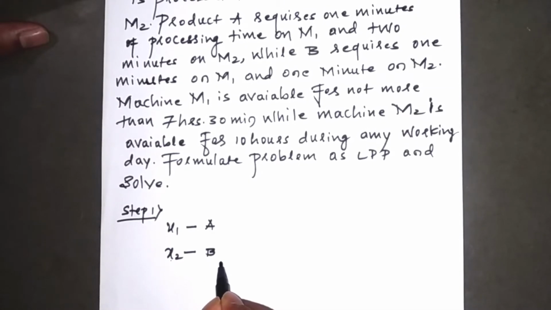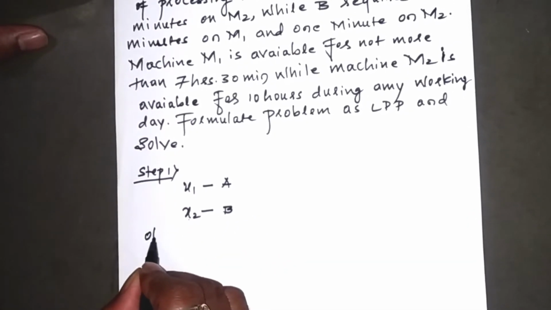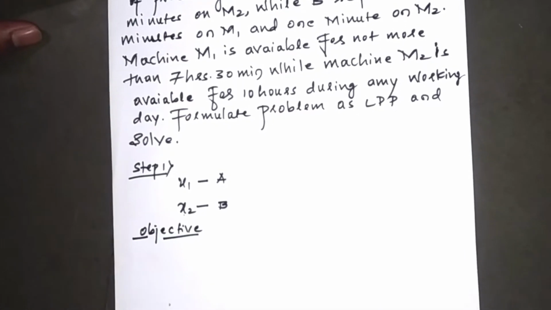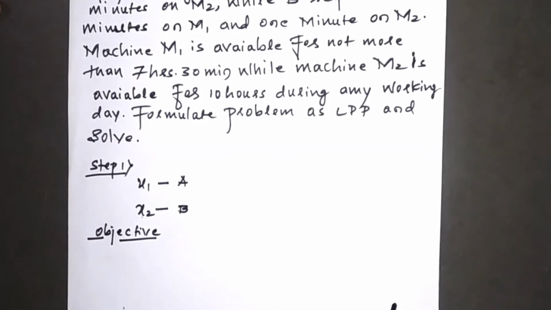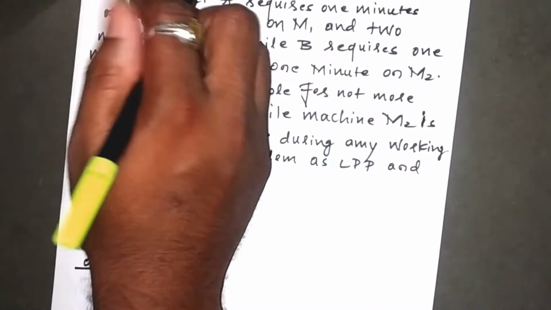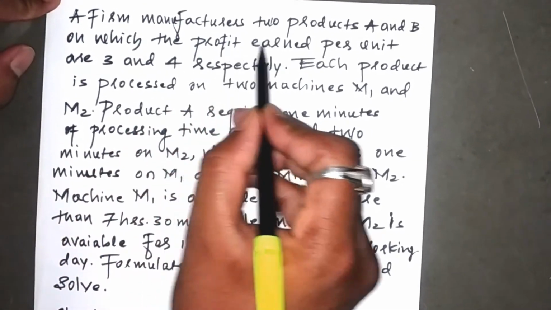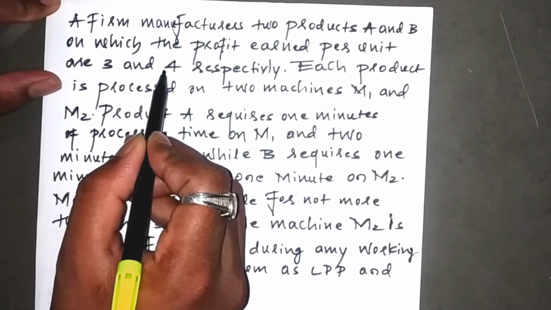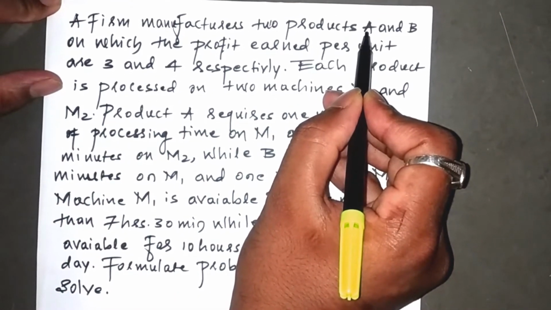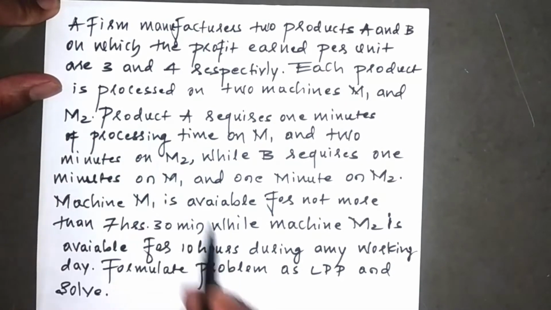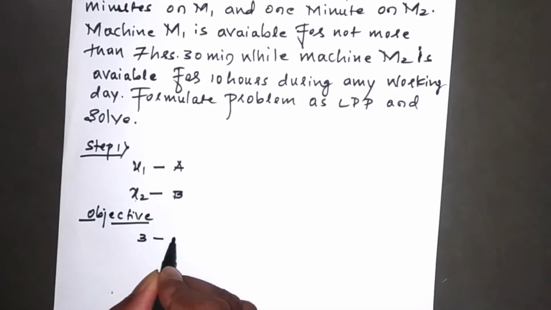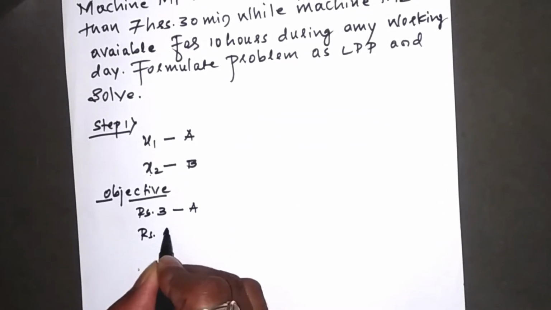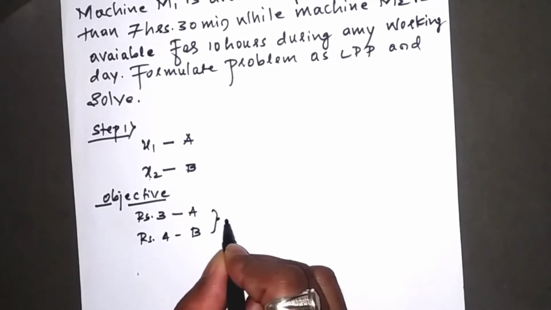Fine. Next step is we have to write the objective function. Now what is the objective function? We have to write the total profit earned by selling these two products. In this problem they have said the profit earned per unit is rupees 3 and rupees 4. That means if I sell one unit of product A, I get a profit of rupees 3, and rupees 4 for product B. These are with respect to only one quantity.